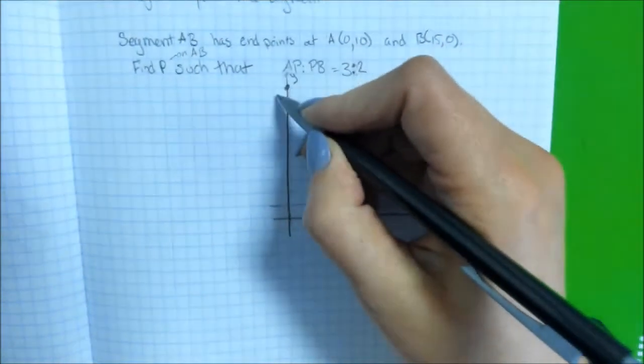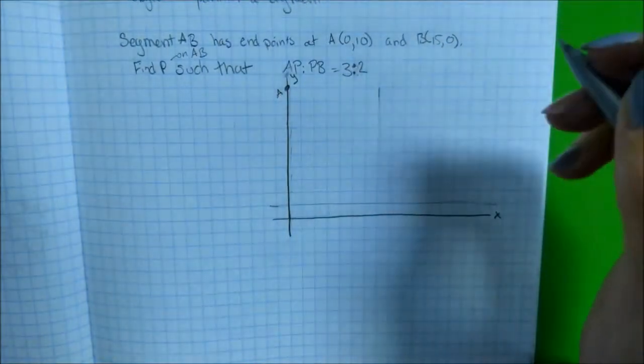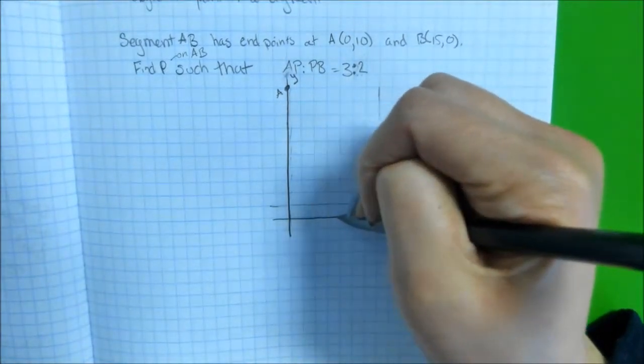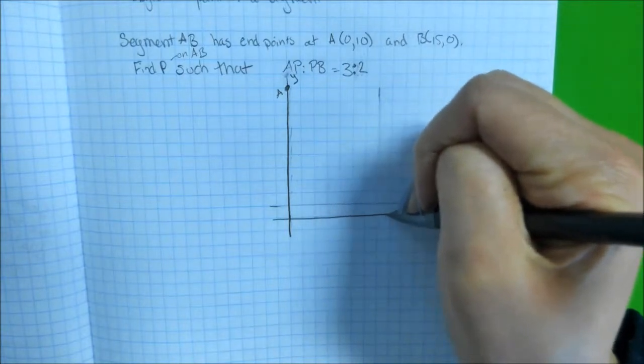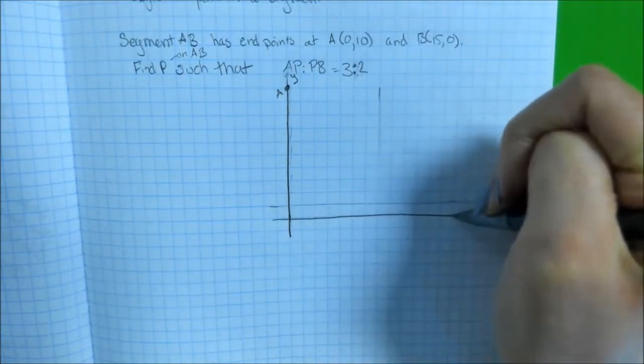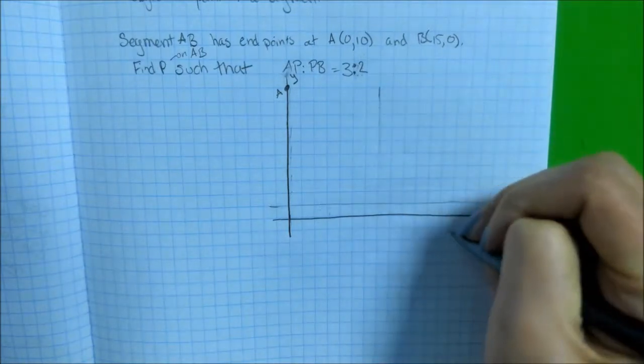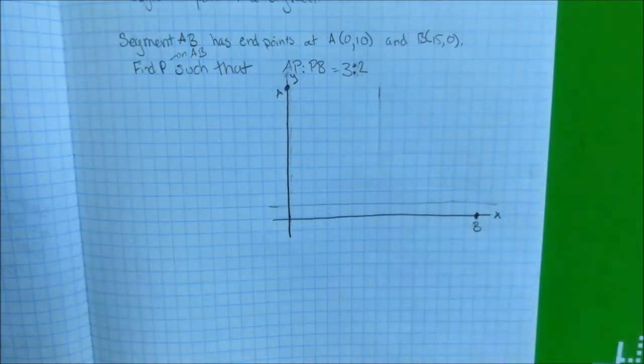There's A. And then B is going to be over here. 1, 2, 3, 4, 5, 6, 7, 8, 9, 10, 11, 12, 13, 14. Here's B. And here's my line segment.